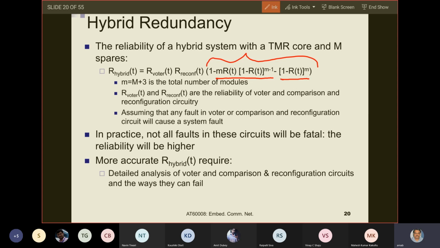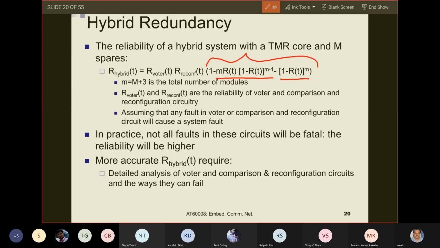Is that okay? Sir, 1 minus RT raised to m, that is all the m modules failing together, right? Yes. And 1 minus RT raised to m minus 1, that is one module is working, but m minus 1 modules are failing.